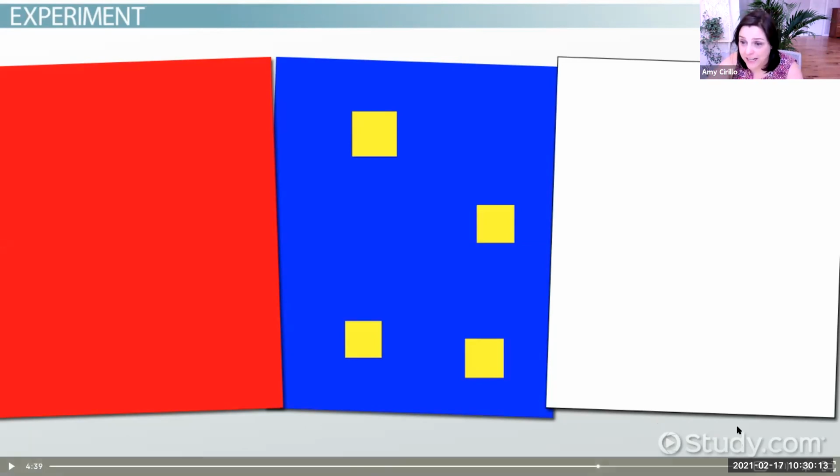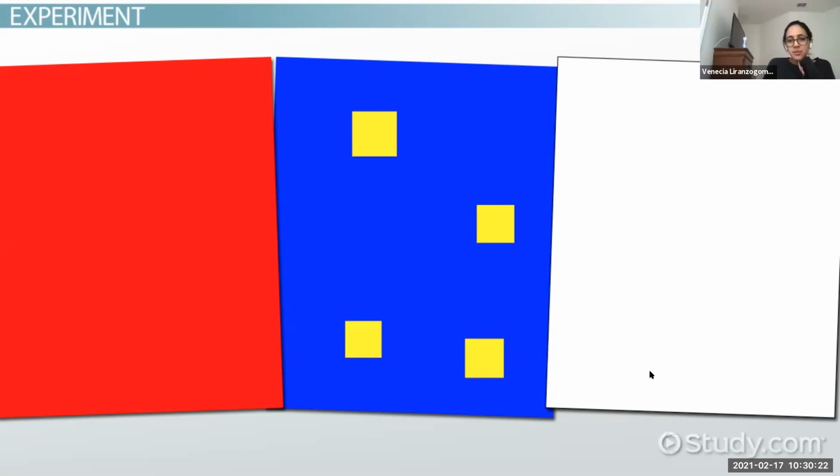Okay, so did you see an after image? This one wasn't as strong for me. Did other people have a strong after image? At least for me, the yellow squares are now blue and they were much darker.